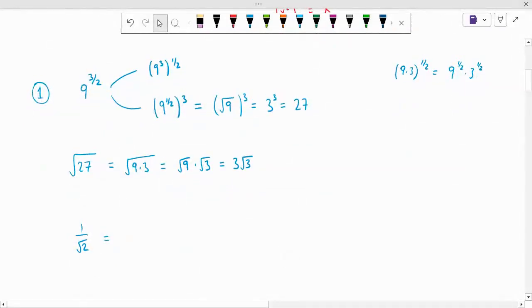Oh, that's right. I wanted to show you guys this as well. So 1 over root 2, okay? Many of you were taught to, I think you call this rationalizing it, I think is what it was called, but you were taught to multiply numerator and denominator by square root of 2.